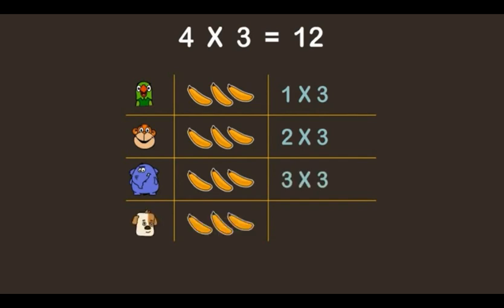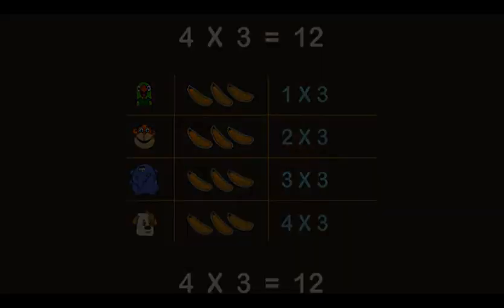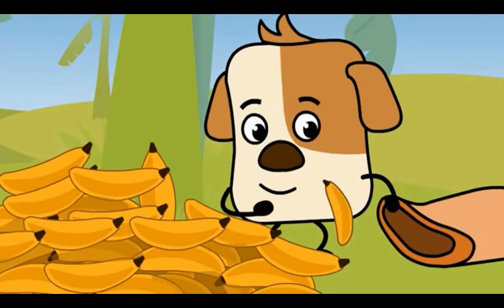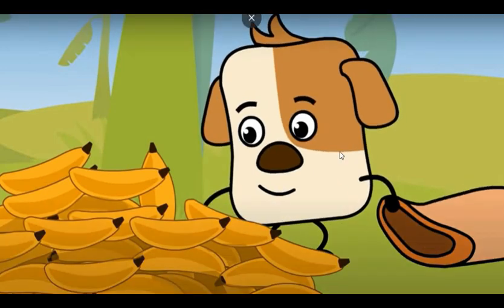And 3 bananas more for himself. So altogether for 4 people, Gul needs 4 times 3 bananas. 4 times 3 equals 12. Gul selects 12 bananas for his party.